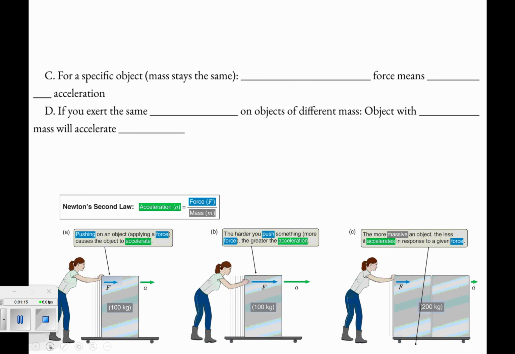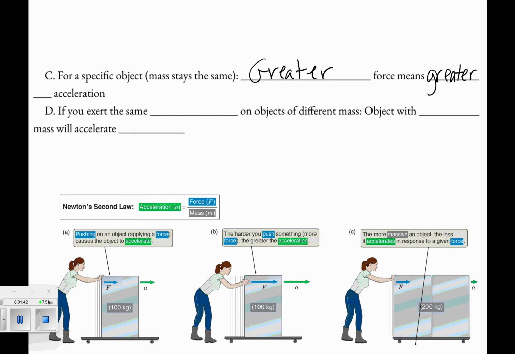Okay, so let's do some examples here. For a specific object, the mass isn't changing, it's the same object. If you apply a greater force, you're going to have a greater acceleration. There's a direct relationship between the force and the acceleration for the same object.